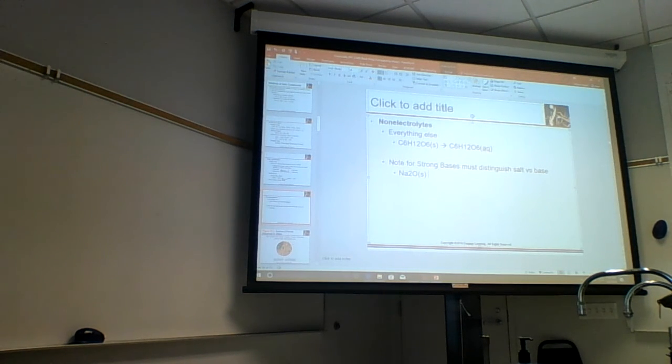Is sodium oxide soluble? Well, it's group 1. Group 1 salts are soluble. And so it goes to Na2O aqueous, so it dissolves in water.